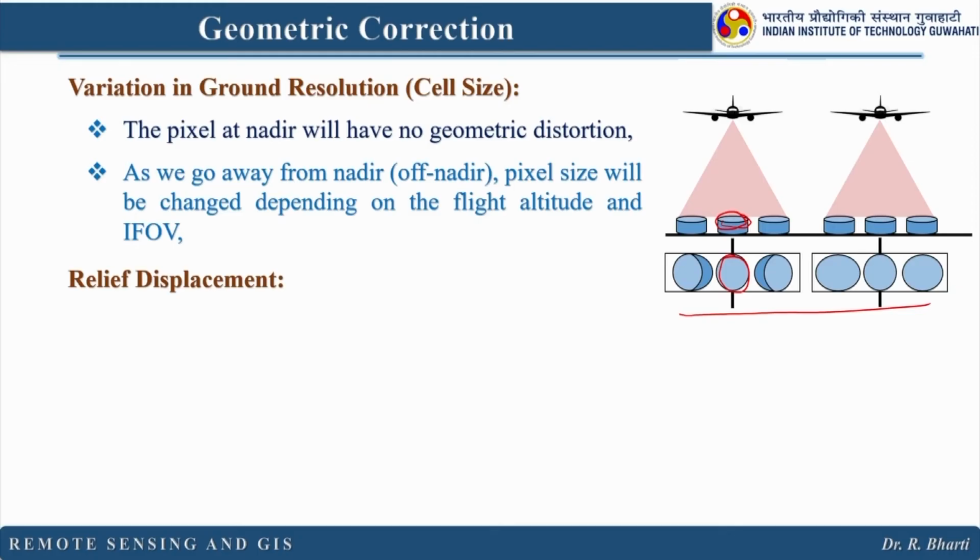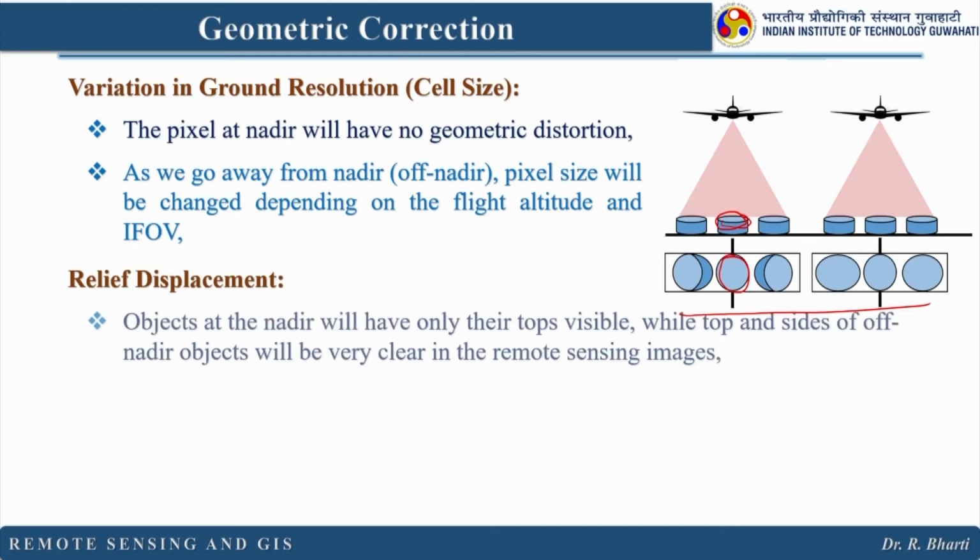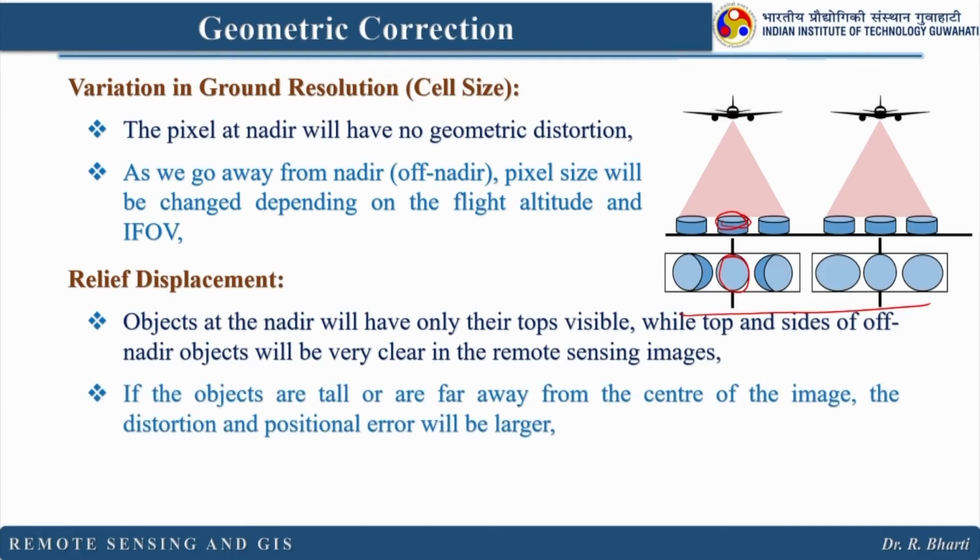Now, the next concept is relief displacement. Objects at the nadir will have only their top visible, while the top and side of off nadir objects will be very clear in the remote sensing images. I have showed you those 3 photographs. Next, if the objects are tall or are far away from the center of the image, the distortion and the positional error will be larger.